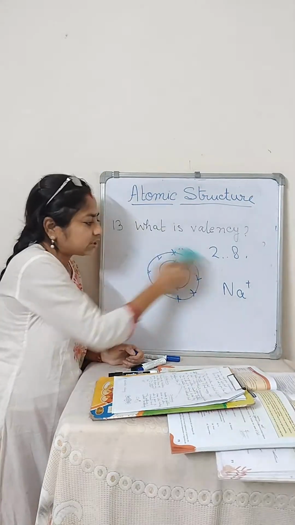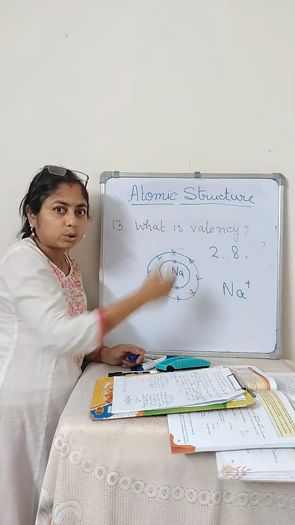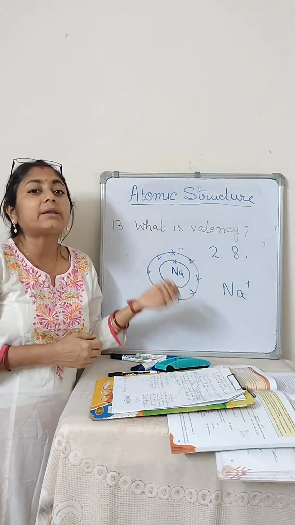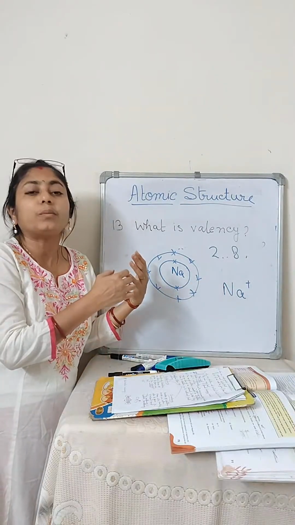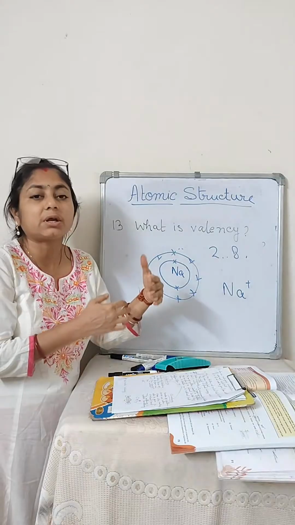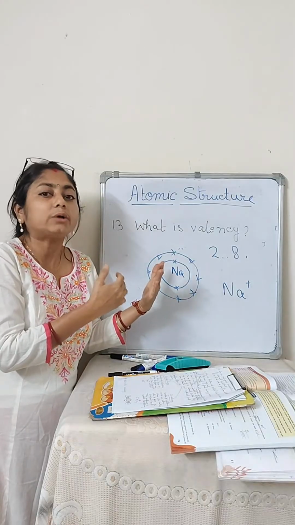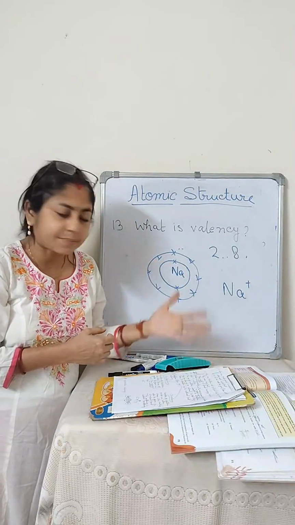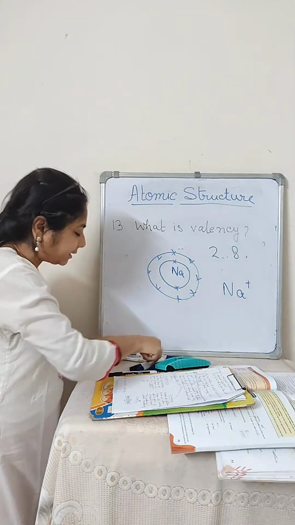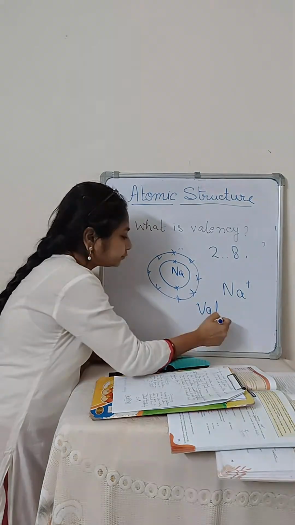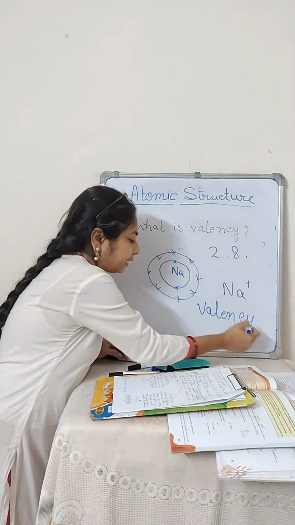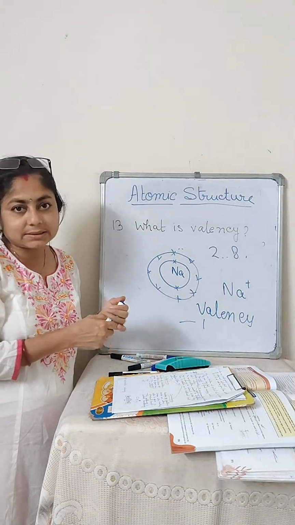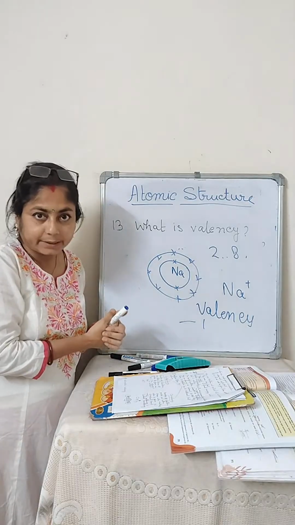Now it becomes like this. When it gives 1, it has the capability to make a compound with other substances. So the valency is 1. The number of electrons donated or accepted tells the valency.